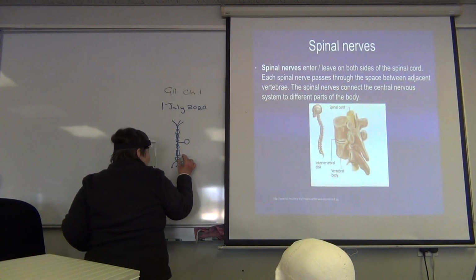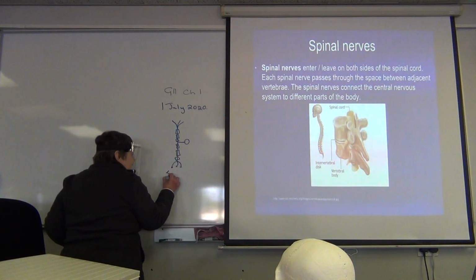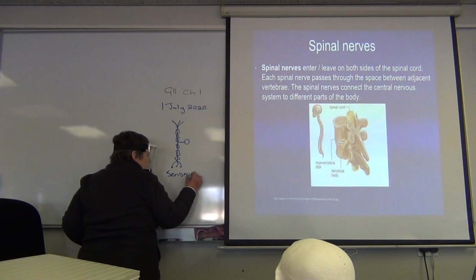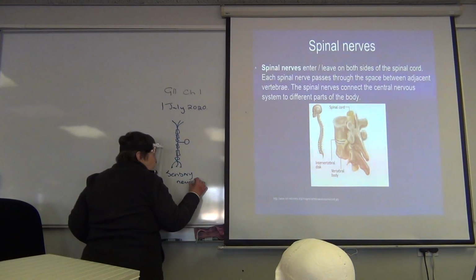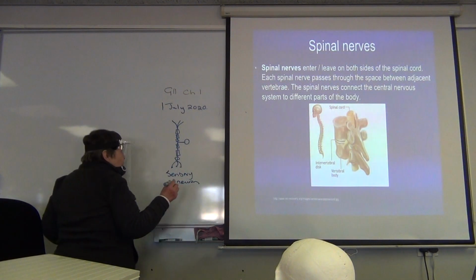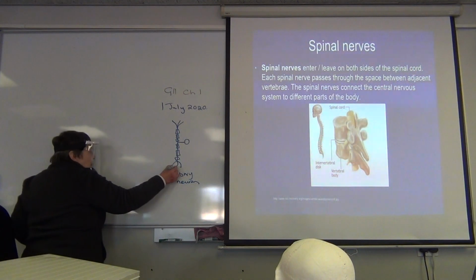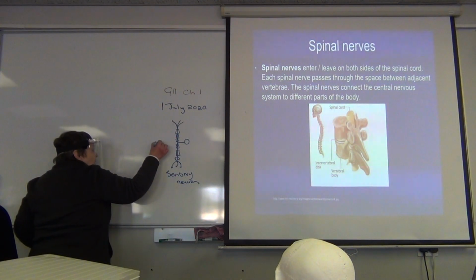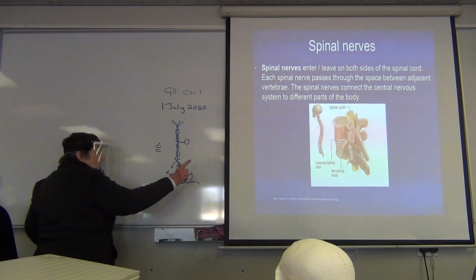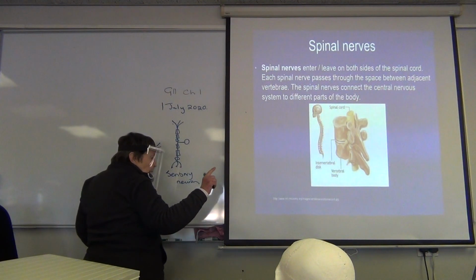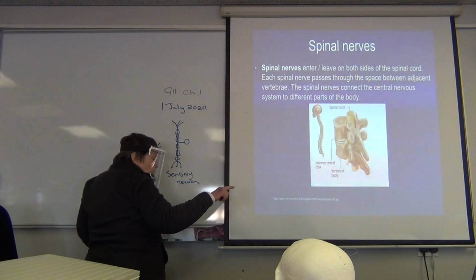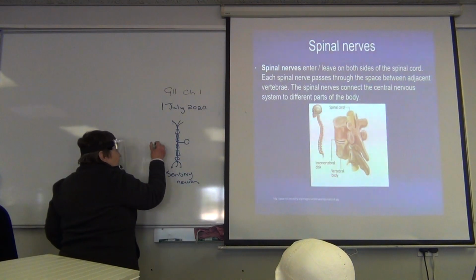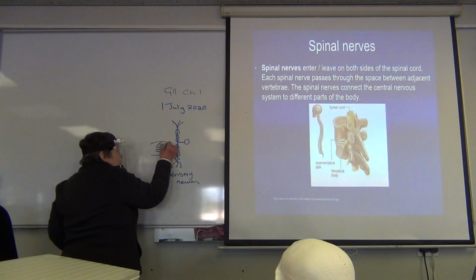Okay, so if one had to put this little sensory neuron into that nerve there, what will happen is these dendrites are right wherever the sense organ was. So if I put my finger on the hot plate of a stove and I get burnt, then these dendrites are actually in my finger.